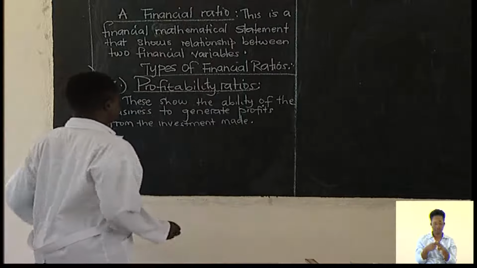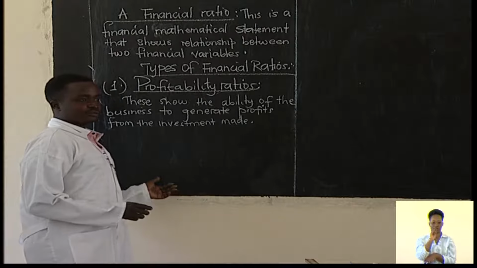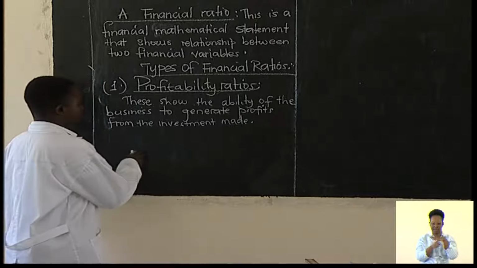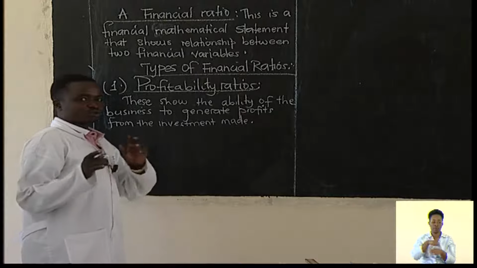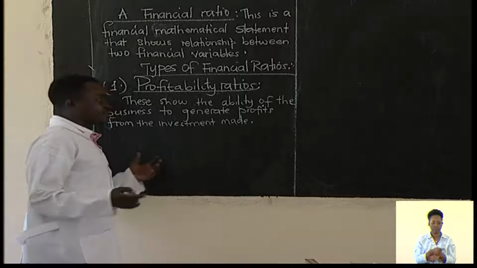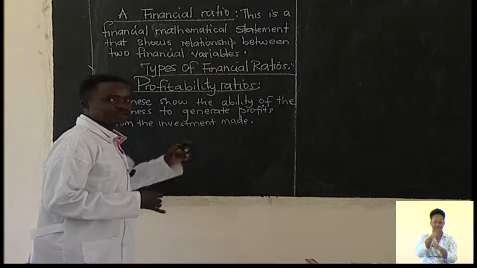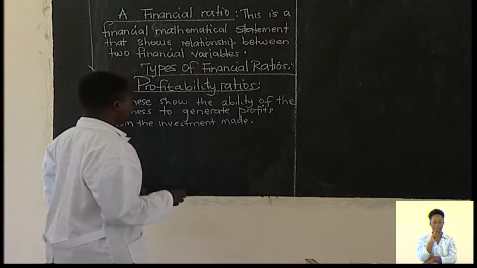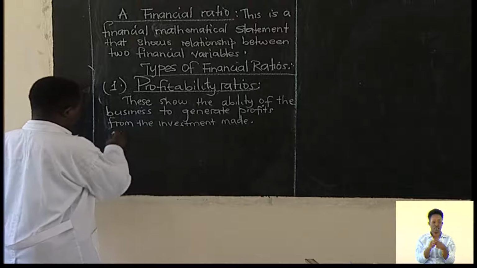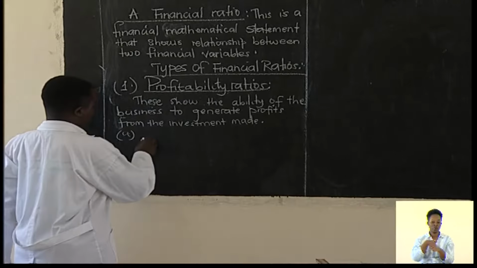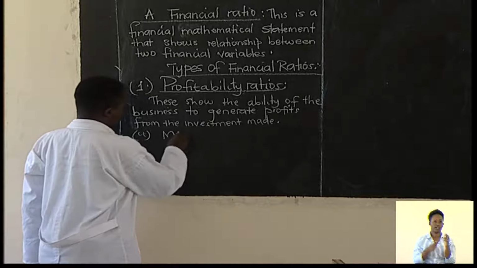So under profitability ratios, we have many that we have to talk about. All these ones, they'll be rotating on one thing: the ability of the business to generate returns, to generate profits from capital invested or from the investment made. So here, we shall talk about what we call the margin ratio.